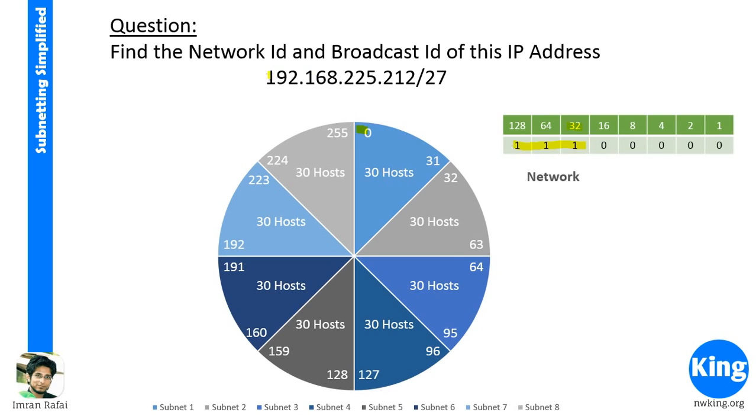Now, where does this IP address, 192.168.225.212, come? Each of these numbers represents the last octet. So 212 comes here. That means our answer for this question, to find the network ID and the broadcast ID, is this: 192.168.225.192 is our network ID, and 192.168.225.223 is our broadcast ID.